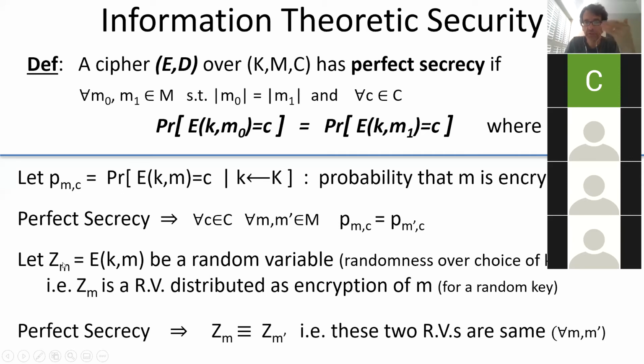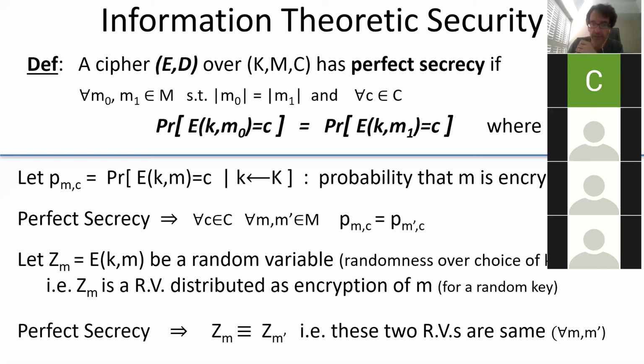You can think of these encryptions as a random variable indexed by a message. For every message M, let ZM be the ciphertext that results from encrypting M under a random key. So ZM is a random variable. It hits different ciphertexts with some probability, maybe some ciphertexts more, some never.